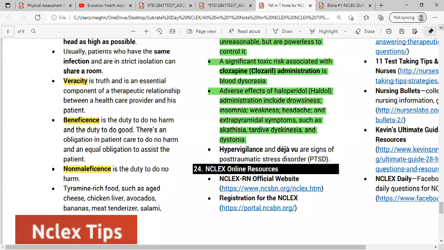If your psychiatric patient takes psychiatric medication, it is good to tell them not to eat tyramine-containing food, because tyramine-containing food and some kinds of psychiatric medication together can cause hypertensive crisis.